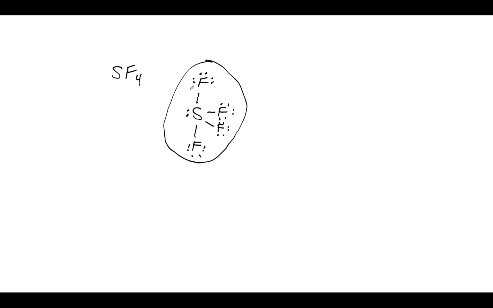Now, for the next one, BH3, you should hopefully recognize this as just a simple trigonal planar molecule like this. But this violates the octet rule, right? Boron violates it, but it's not expanded. It's not an expanded octet, right? So certainly X is not going to be the correct answer here. Okay.